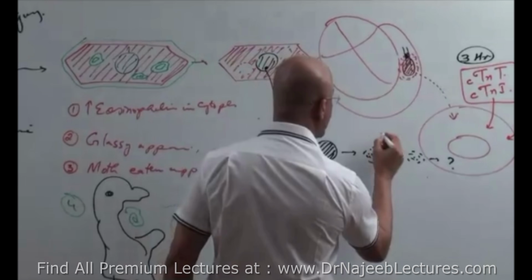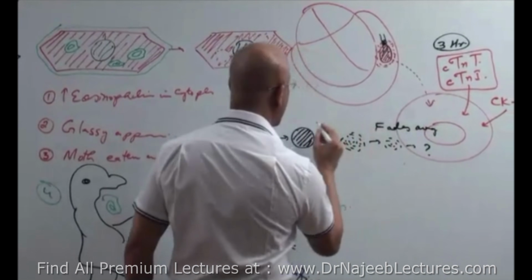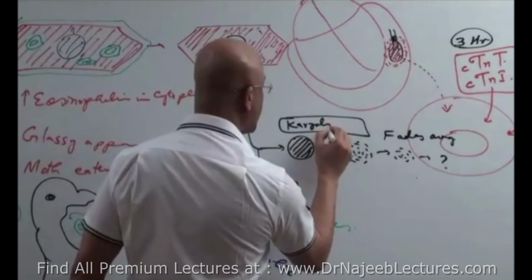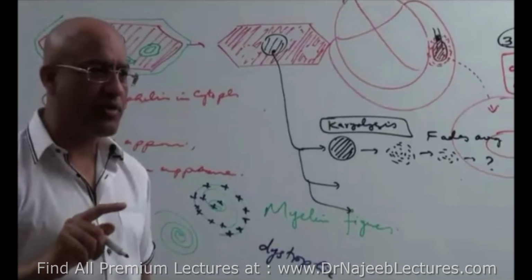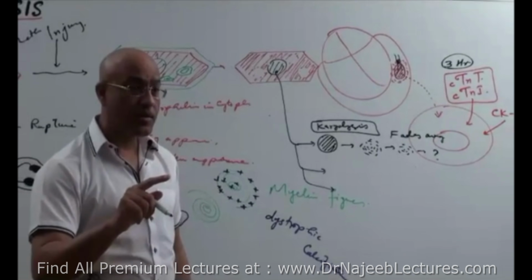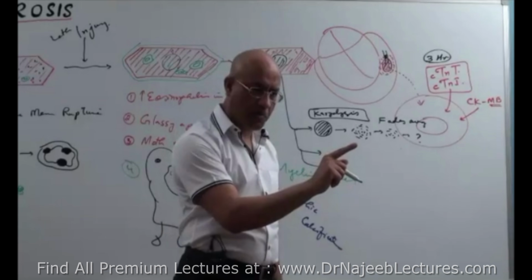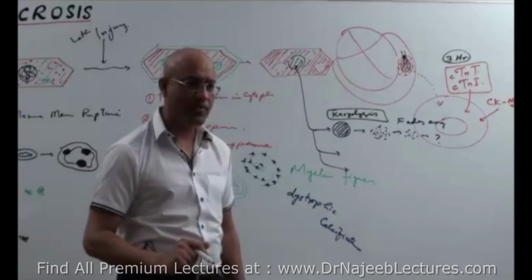This is called karyolysis. So what is karyolysis? It is the appearance of necrotic cell nuclei by gradual digestion of its components and a gradually fading basophilic mass.